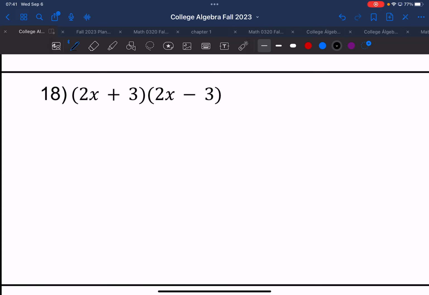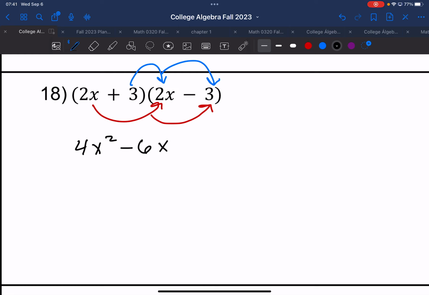Okay, so what are we going to distribute first on 18? 2x. And then what are we distributing next? The 3. So always the first term, then the second term. So 2x times 2x is 4x squared. 2x times -3 is -6x. 3 times 2x is +6x.